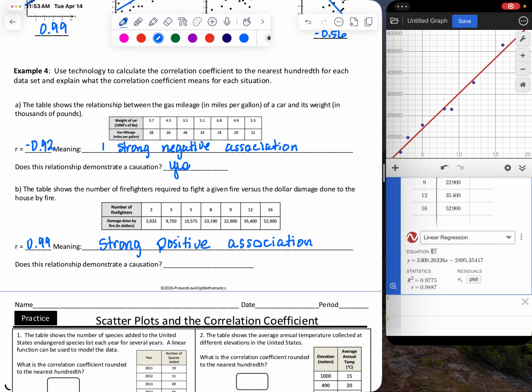But there is no causal relationship between the firefighters and the damage, okay? In other words, the number of firefighters did not cause the damage. It was the fire that caused the damage. But there is a strong positive association. And that concludes today's lesson, scatter plots and correlation coefficient.